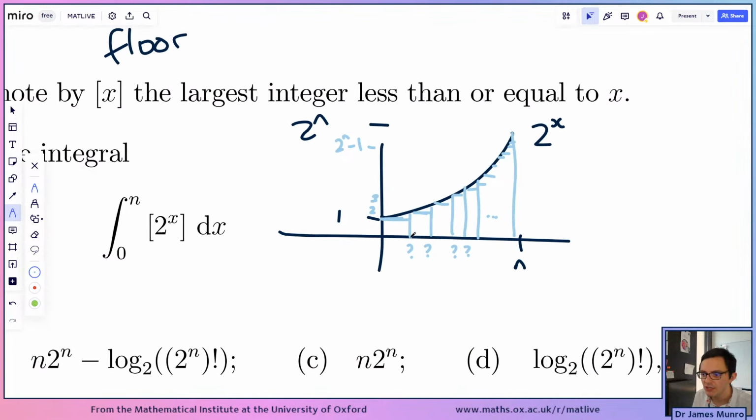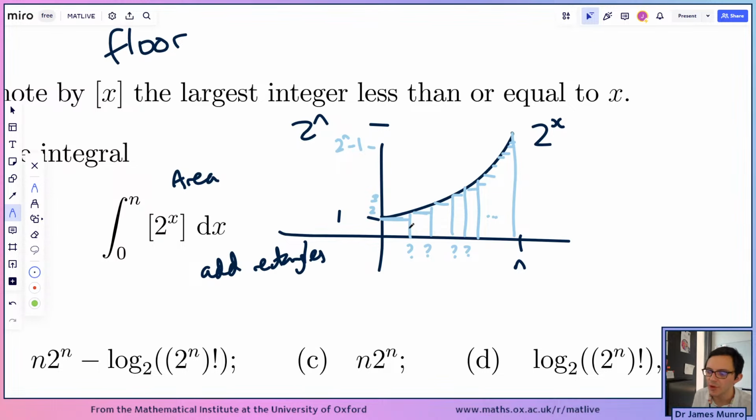That's kind of the whole question, because we know the heights of these rectangles, they're the natural numbers 1, 2, 3, and this integral is the area. So I want the area under the light blue curve, which is just a whole bunch of rectangles. So add the areas.